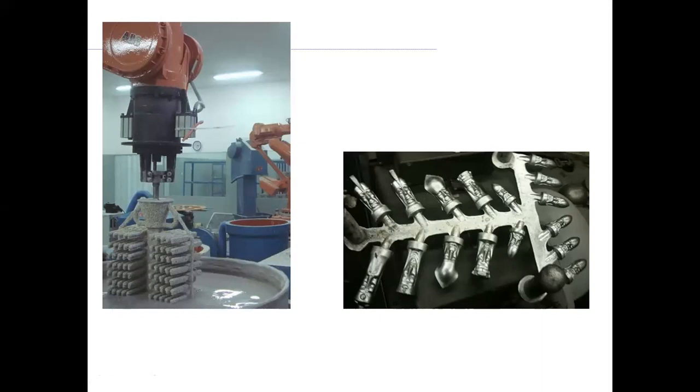Type of pattern, right? So you see here another example. A common runner, right? So it goes through all of these, and you have those.